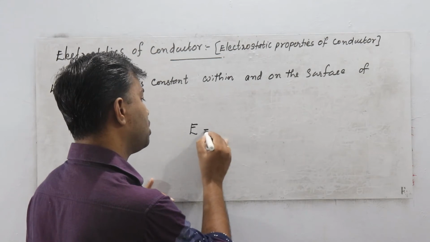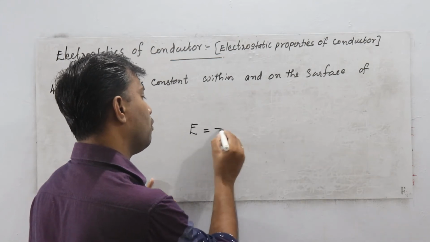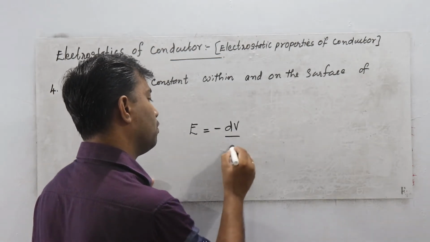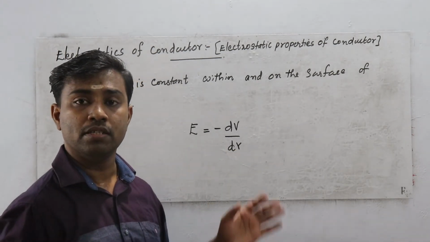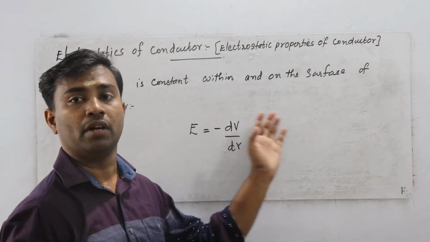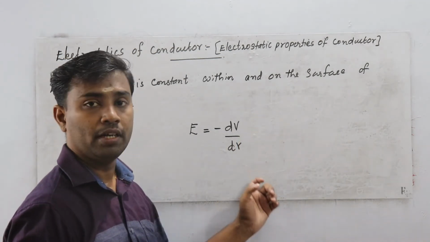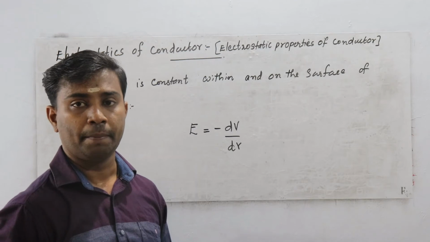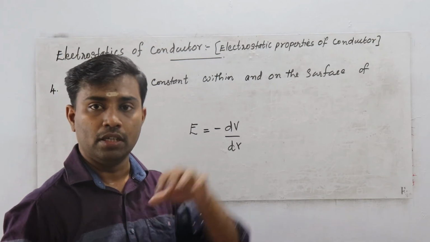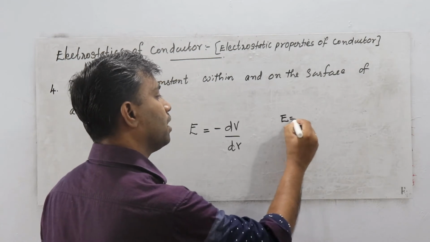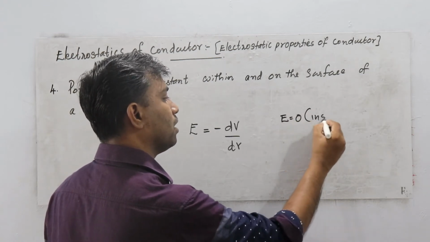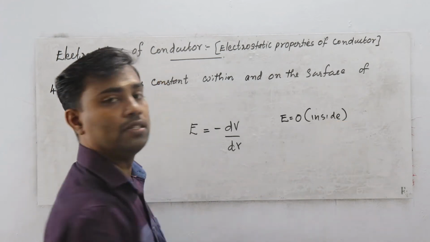The electric field is the negative of the potential gradient. We know that the potential at a point is related to the electric field by E = minus dV by dr. But we know that inside the conductor the electric field is 0.